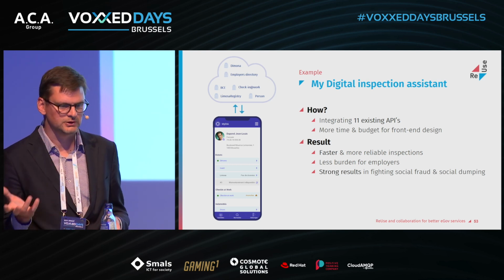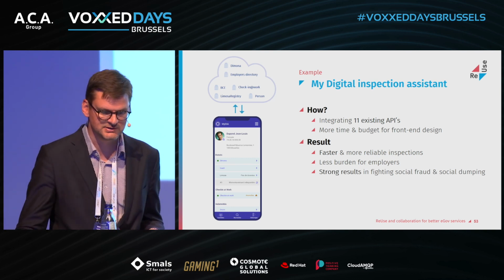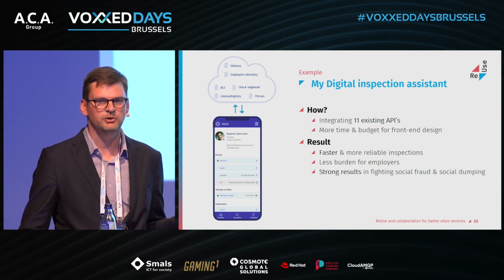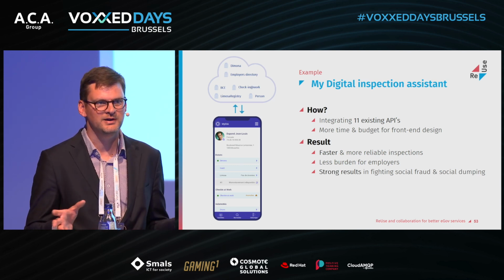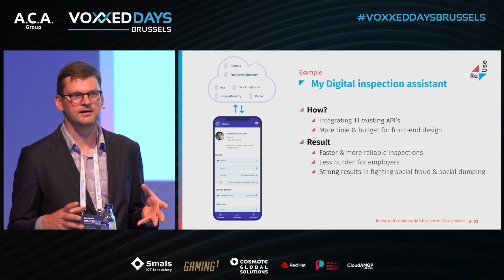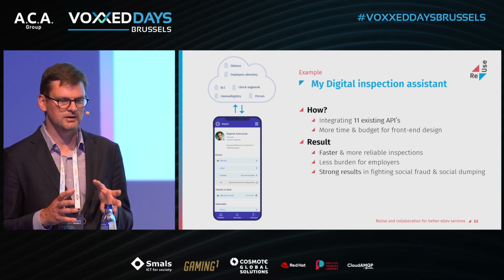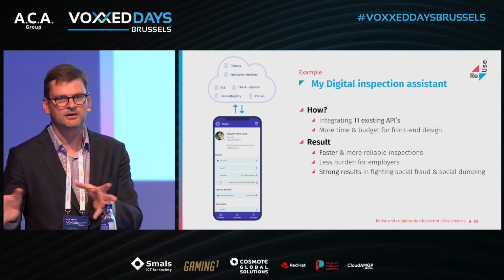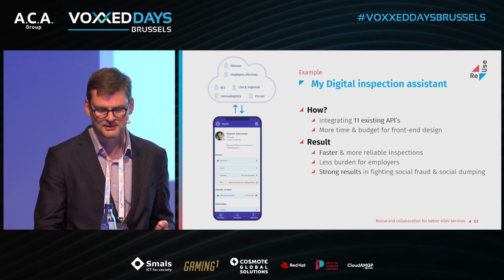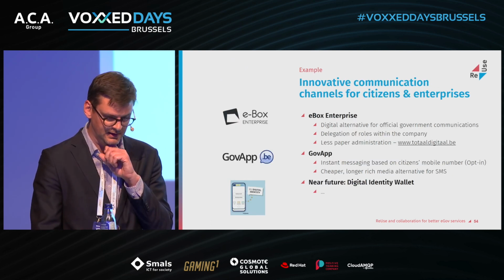The result was, of course, faster and more reliable inspections, and less burden also for the employers, because the inspections before took a lot of time and now they go very quickly. And the information that is gathered is made available again with an API to the back office systems, where the back office management can take place at some later time.